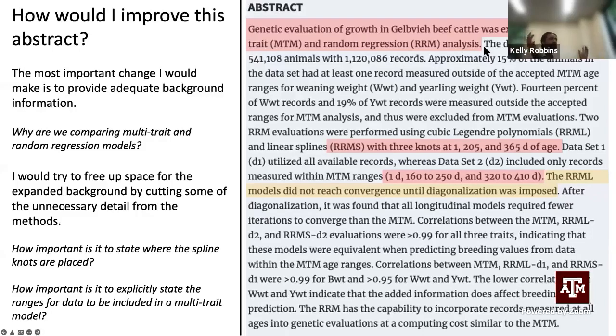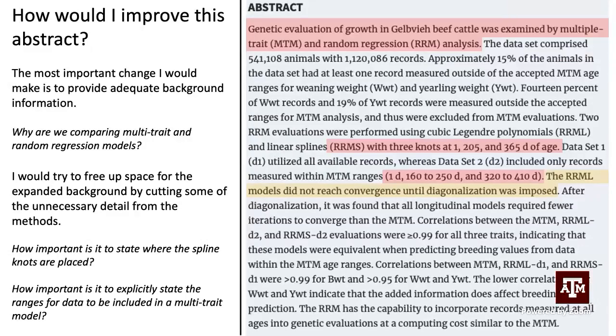Something along the lines of, due to limitations in how multiple trait models handle covariance between phenotypic measurements at different times, significant amounts of data often have to be excluded from the analysis.